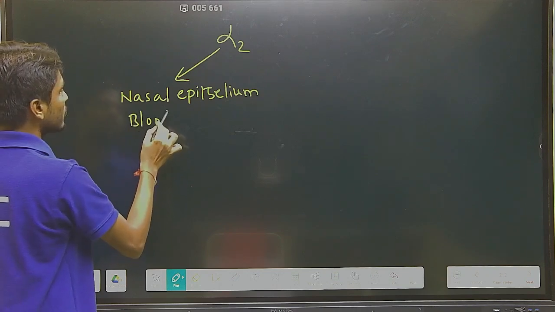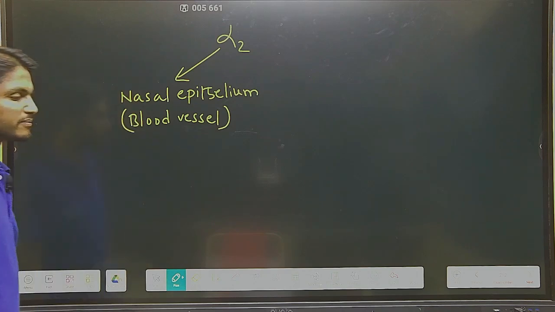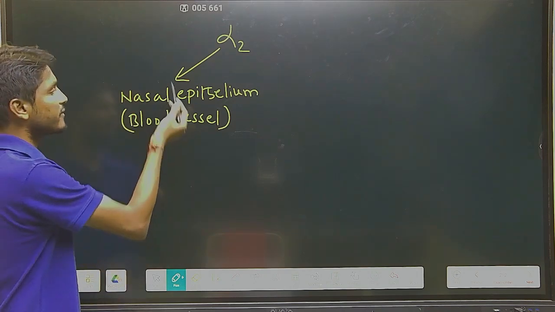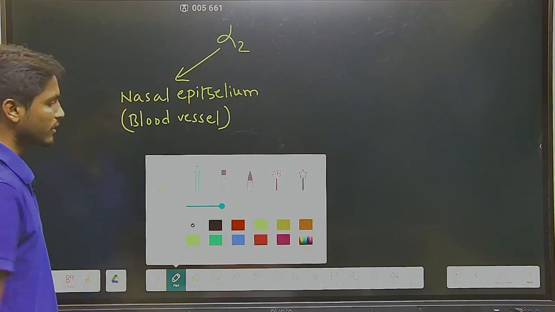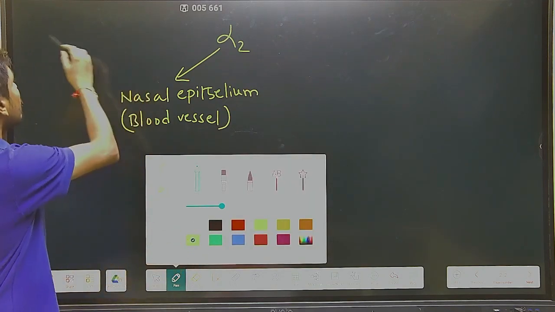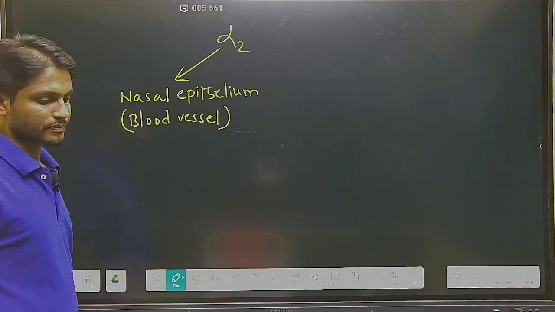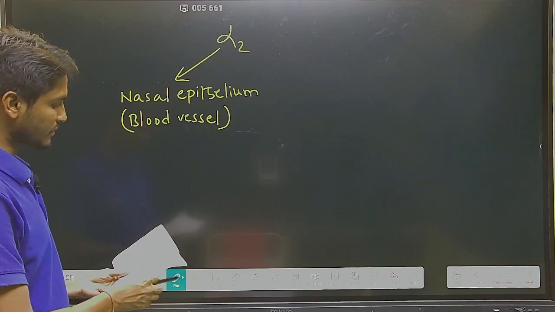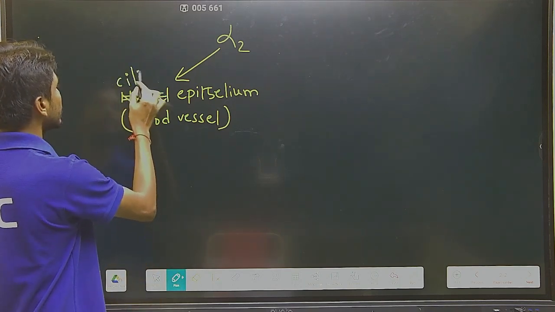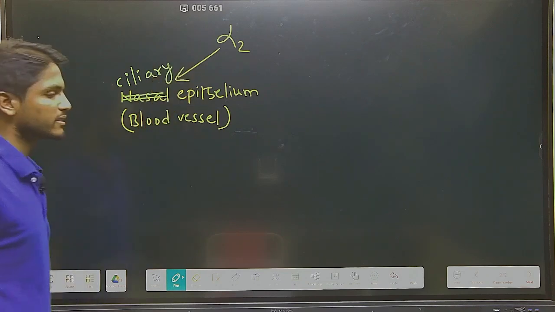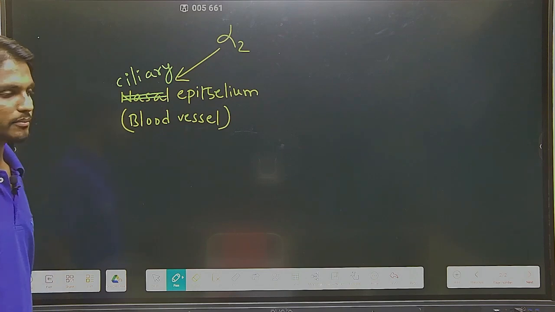Sorry, not nasal epithelium, here it is the ciliary epithelium. Ciliary epithelium, that is in the eye, contains the blood vessels.